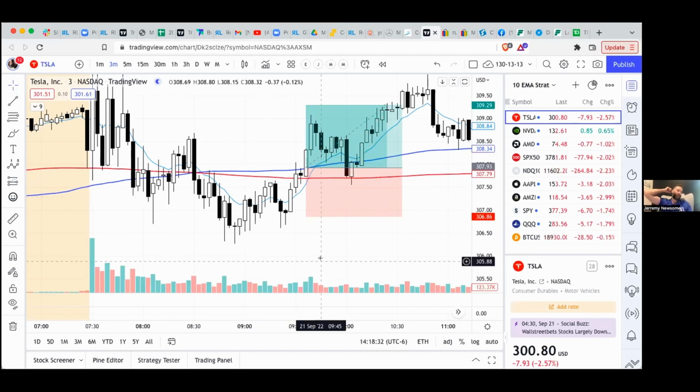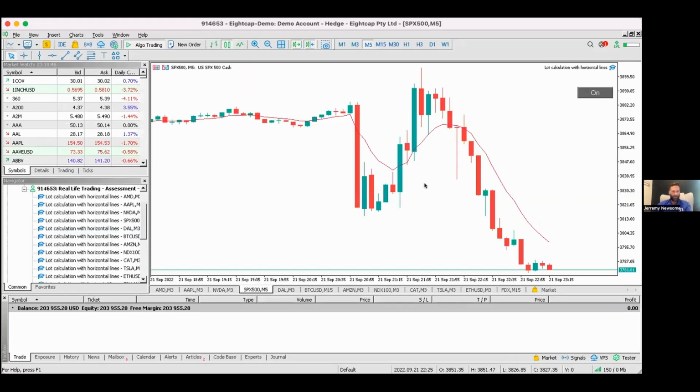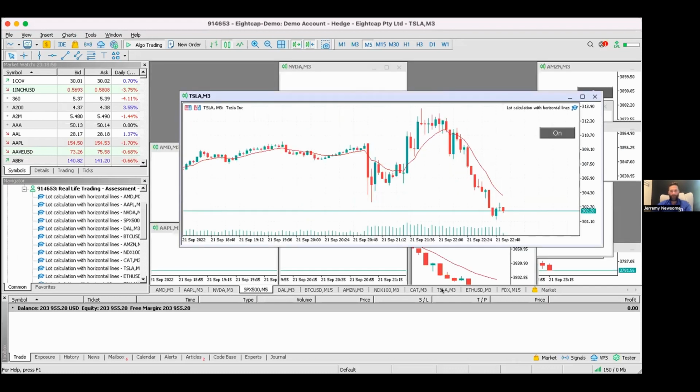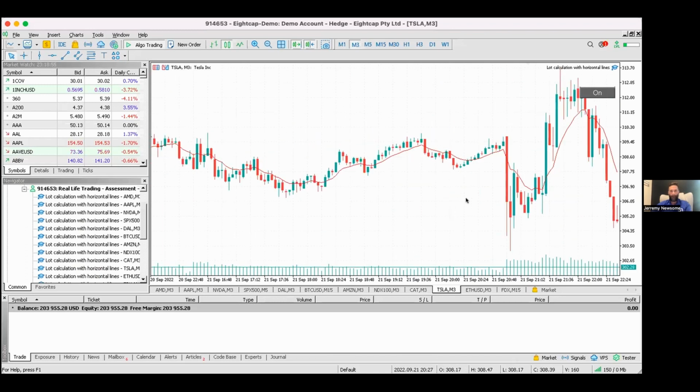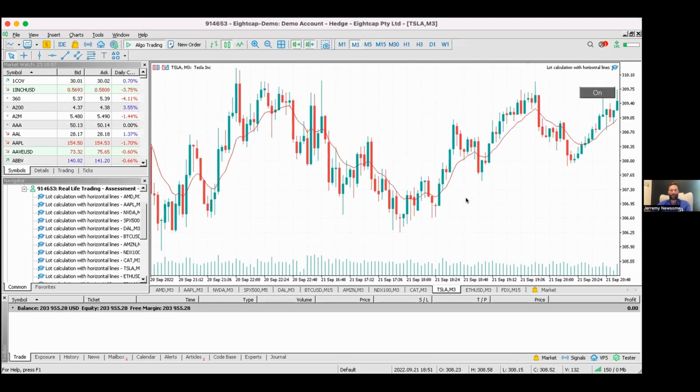So show me how you would put that into MetaTrader with your current setup. Yep. Let me go back to MetaTrader. Tesla. This thing is so hard to chart. The charting is not the greatest on this, but there it is right there.